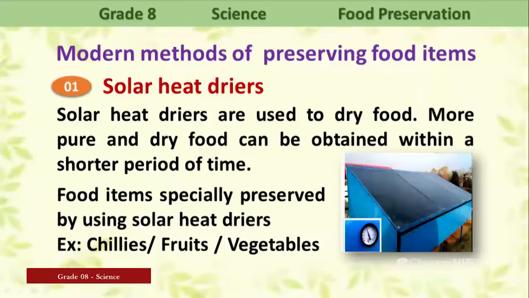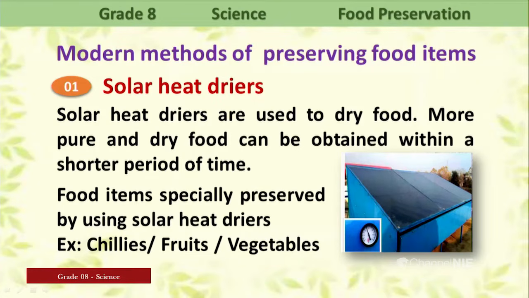First one is solar heat dryers. I think you can see a picture of a solar heat dryer. Solar heat dryers are used to dry food. More pure and dry food can be obtained within a shorter period of time. Food items specially preserved by solar heat dryers are chilies, fruits and vegetables.